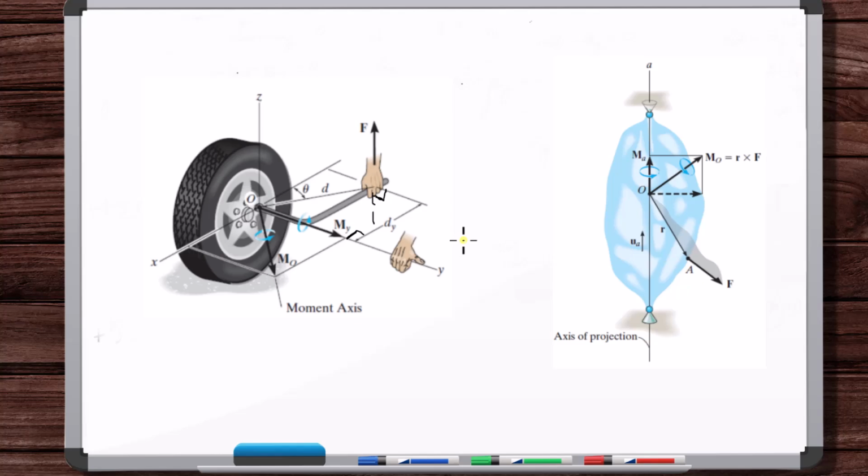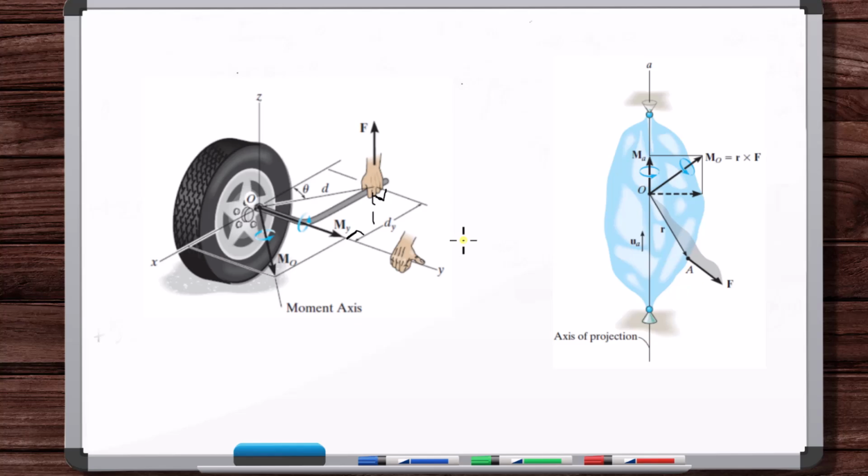Then you dot the R cross F of any point on the axis with a unit vector in the direction of the axis. We talked about this in vectors in space: that's how you find the component of a vector along any direction. And so that's the magnitude of the moment of the force about that axis.